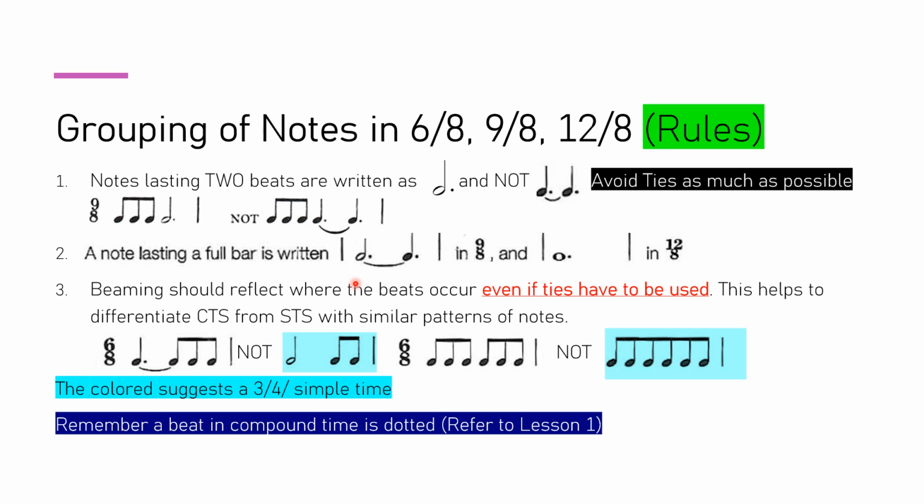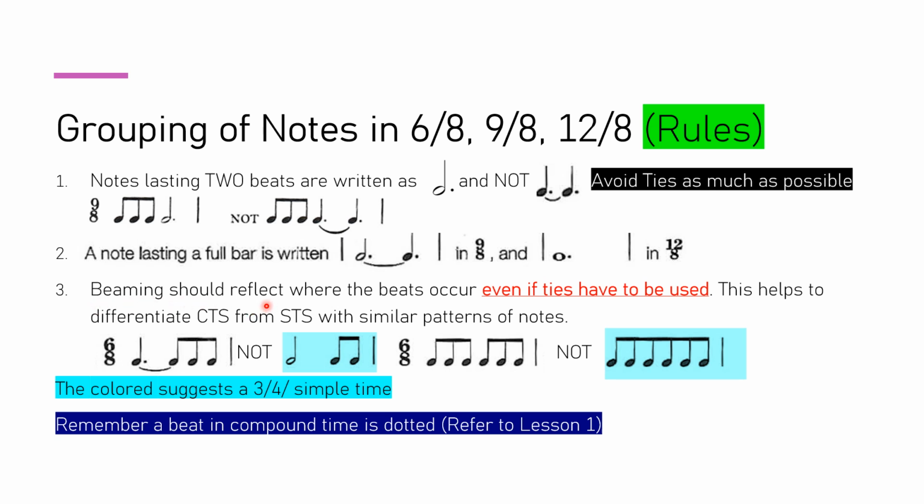You have a dotted minim, which is the equivalent of 2 beats, like we said in the first part, and then an additional dotted crotchet to complete the 3 dotted crotchet beats, which is 9/8. And 12/8 is 4 dotted crotchet beats. The full bar equivalent is a dotted semibreve.